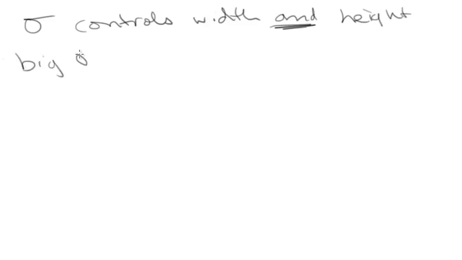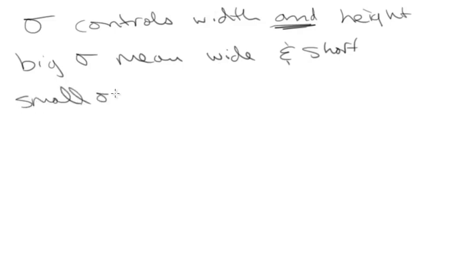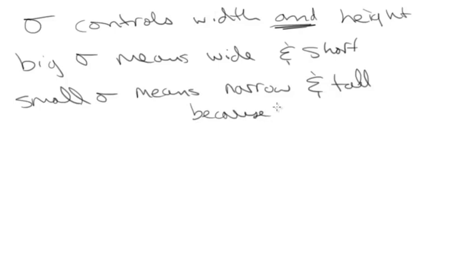Big standard deviation means wide, and it must mean short. Small standard deviation means narrow, not very wide, which must mean it's tall, because total area is always 1.